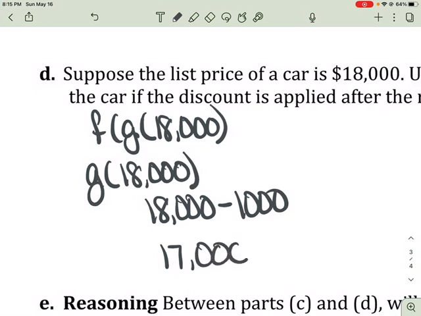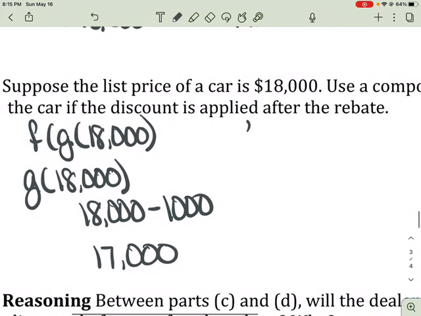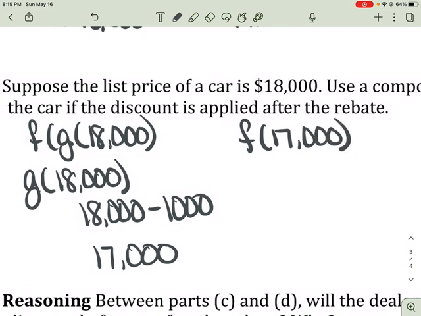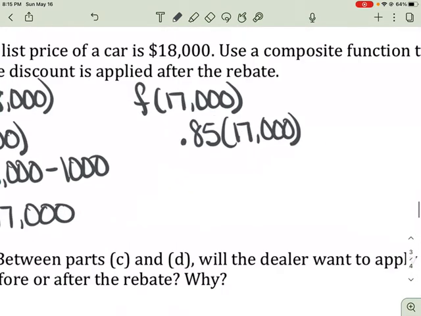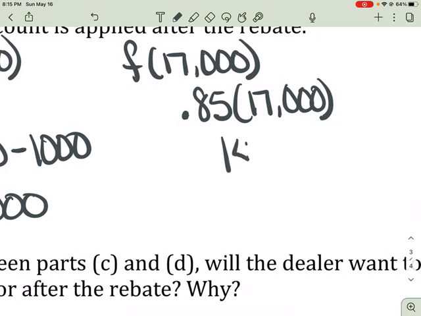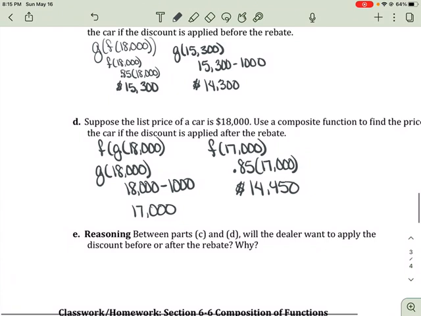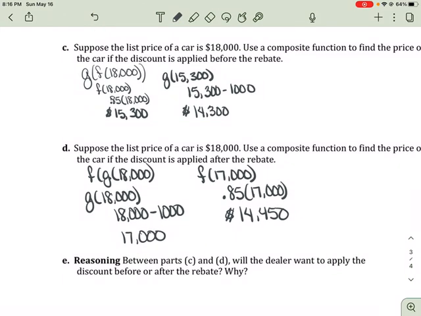Okay, so that's $17,000. And now we're going to take f of 17,000. So that's 0.85 times $17,000. Okay, I got $14,450. Okay, so as a consumer, we like the first one better.